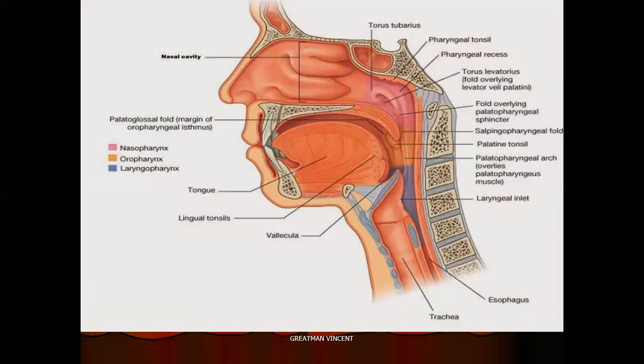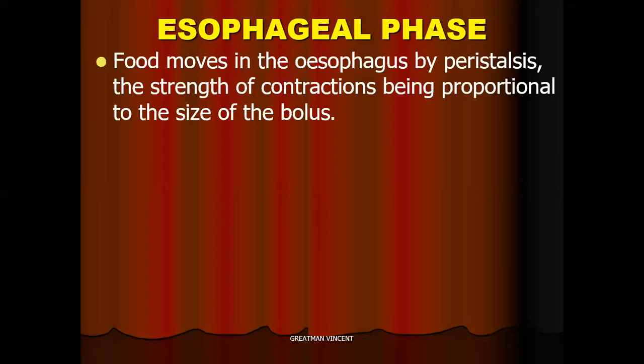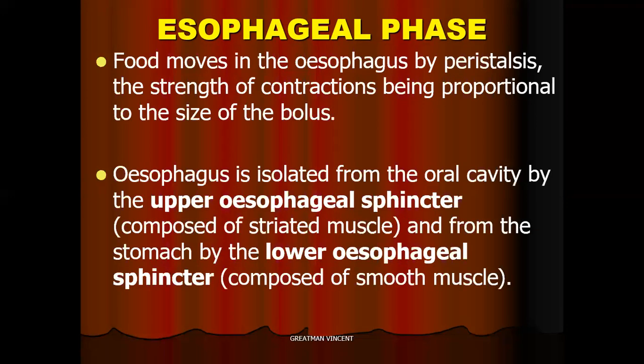Basically, when we talk of a sphincter, we are talking about something like a gateway that regulates the entry of substances. So for instance, if you want to enter a place and you see that there is a security man there, the security man determines who should enter the room and who shouldn't.